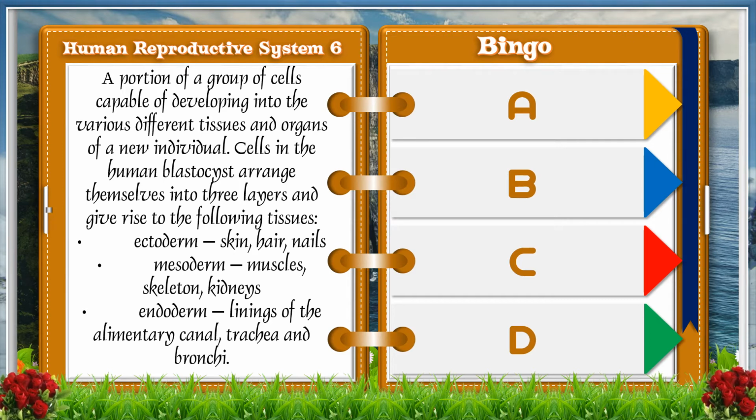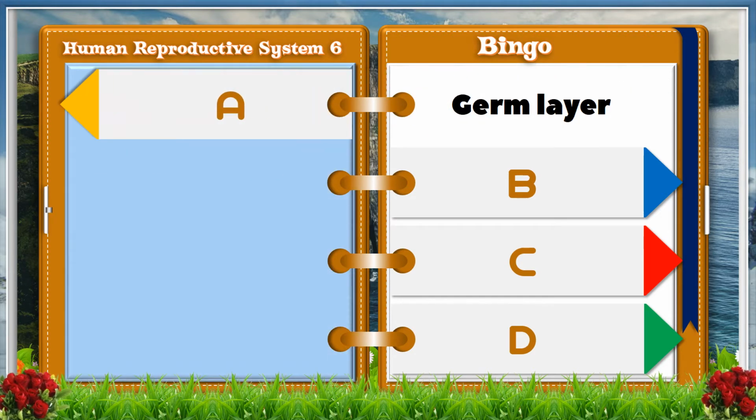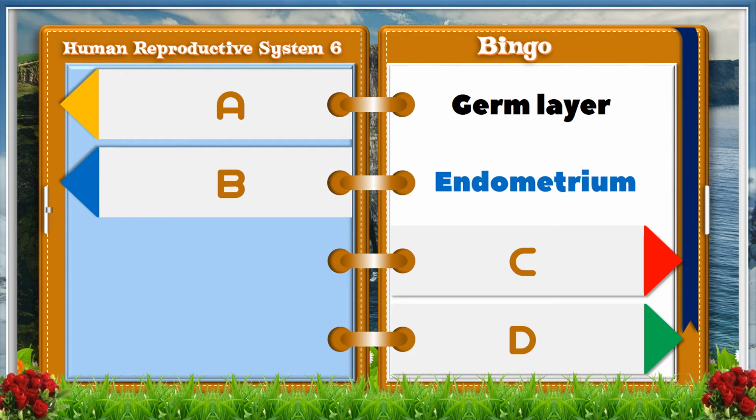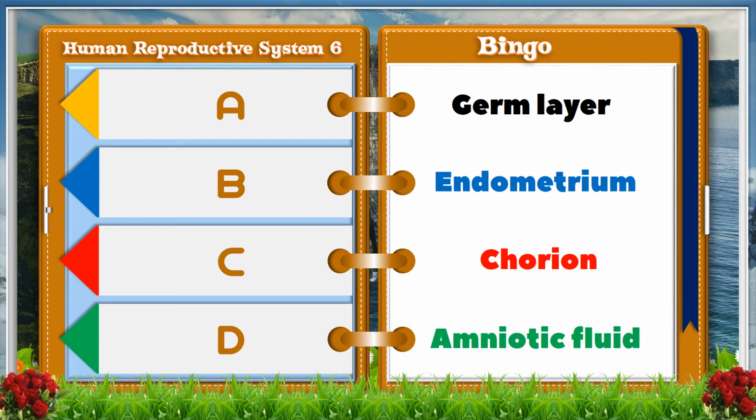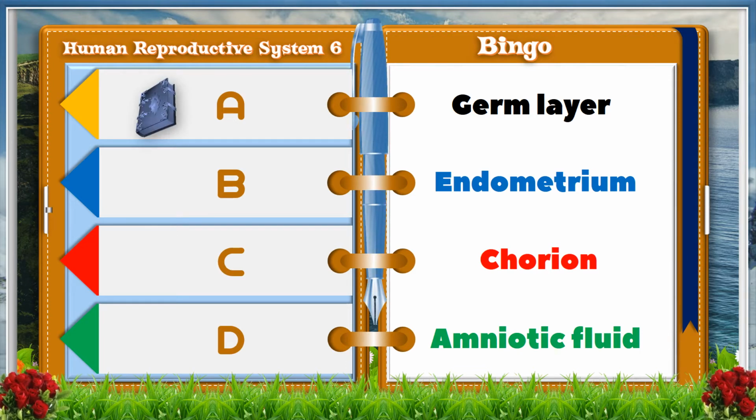Endoderm will give the lining of the alimentary canal, trachea, and bronchi. A. Germ layer. B. Endometrium. C. Chorion. D. Amniotic fluid. And the answer is A. Germ layer.